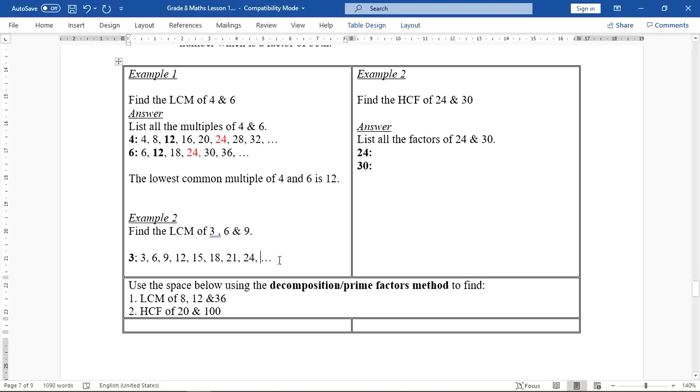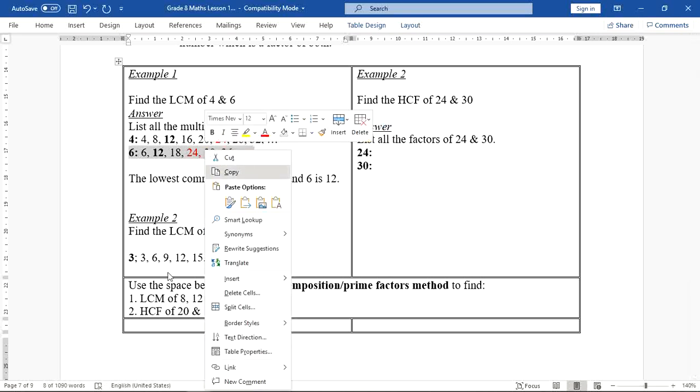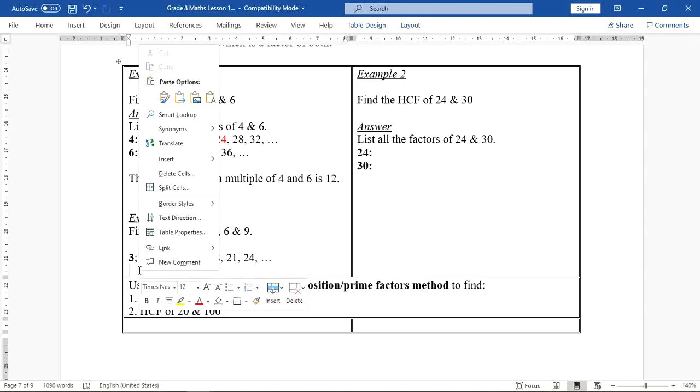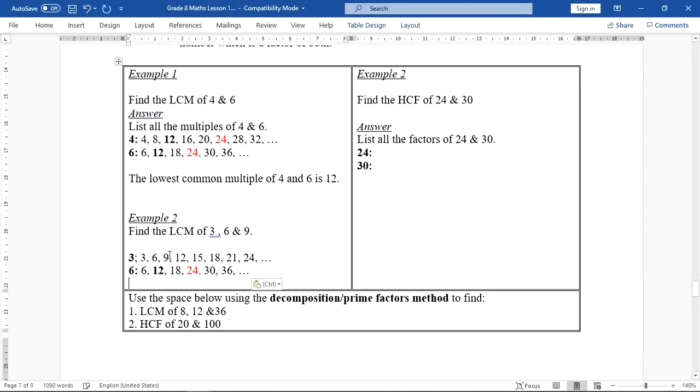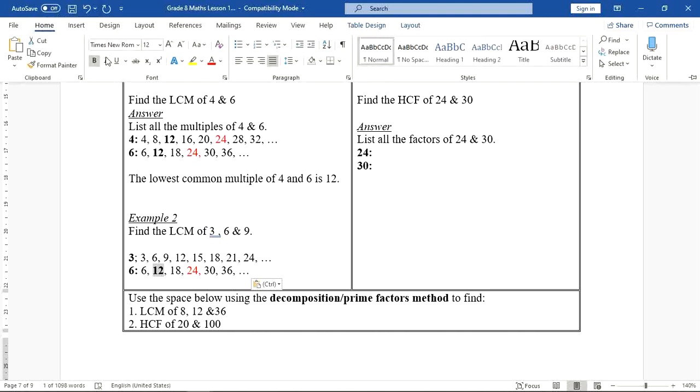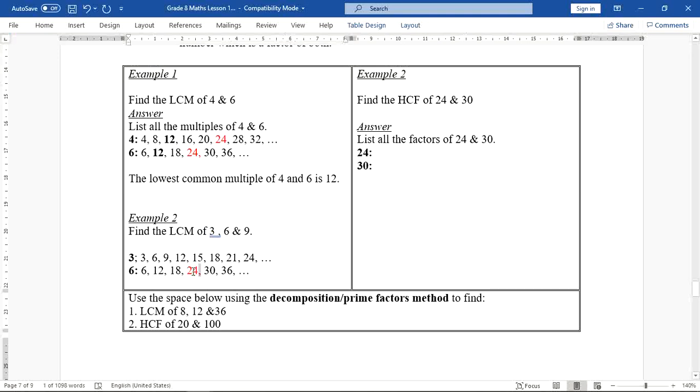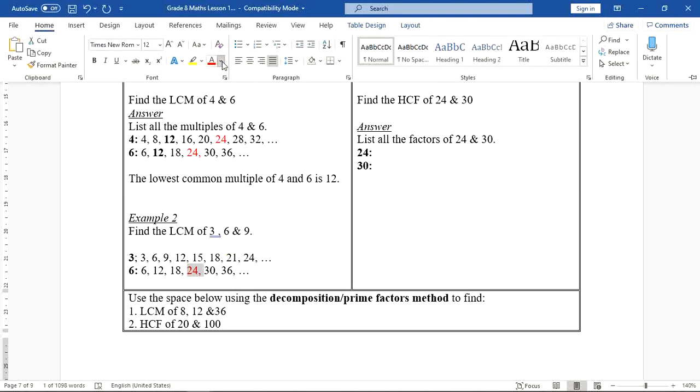All right. So let's come here and just copy this so that we don't waste any time. We paste it. So these are the multiples of 6. Should just unbold this and make this one black.